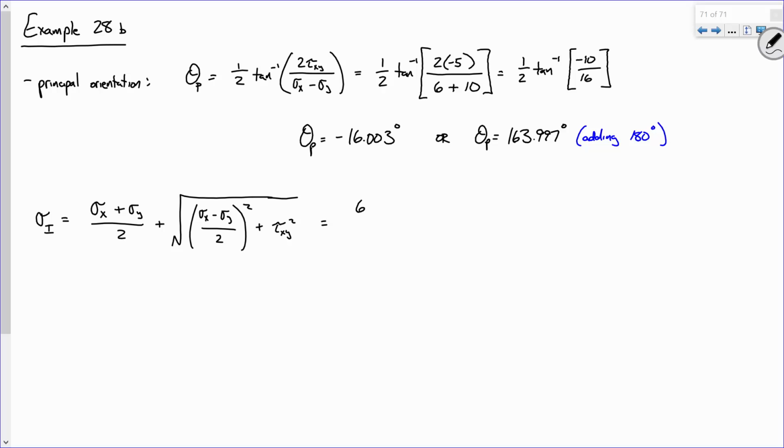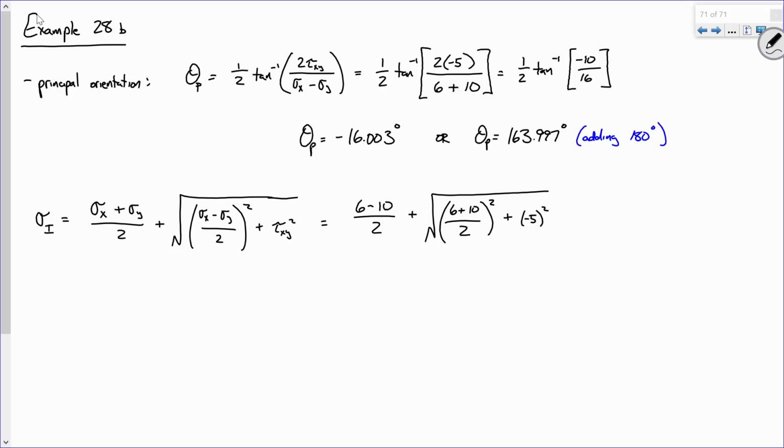So we got 6 minus 10 over 2 plus the square root of, what is that? 6 plus 10 over 2 squared plus minus 5 squared. All right, what'd you say?